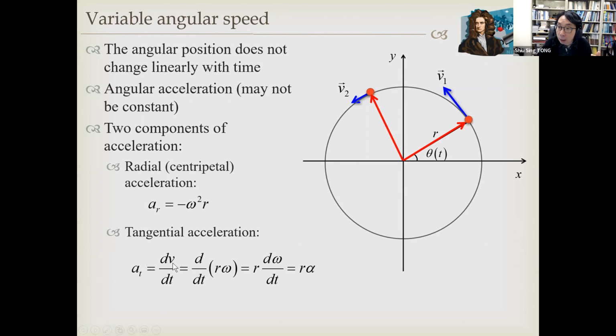And the speed is equal to r omega. But r is a constant for circular motion, so the time derivative acts on the angular velocity, which becomes the angular acceleration. So the tangential component of the acceleration is equal to the radius of the circle multiplied by the angular acceleration. So it's just like v equal to r omega.